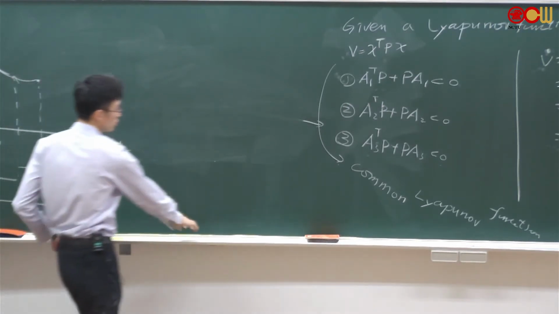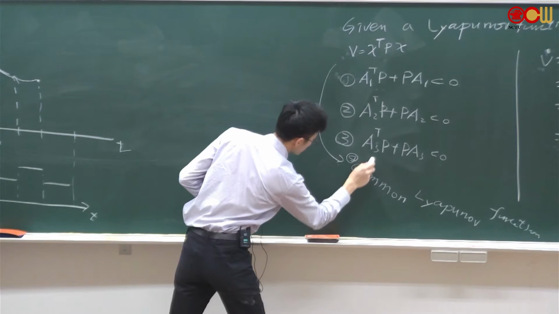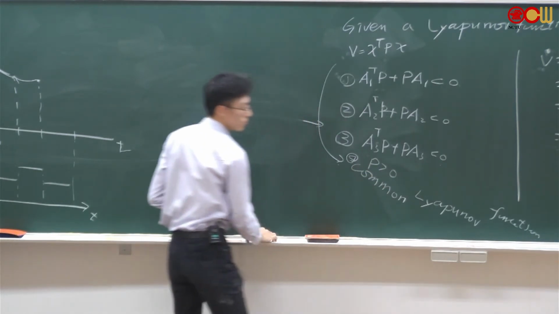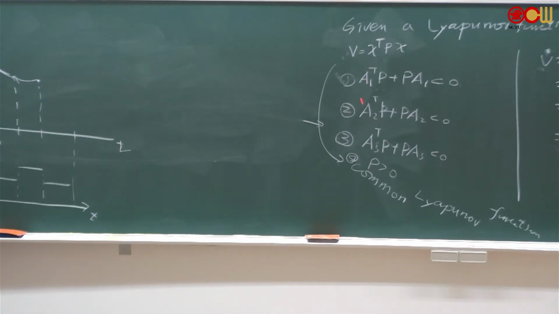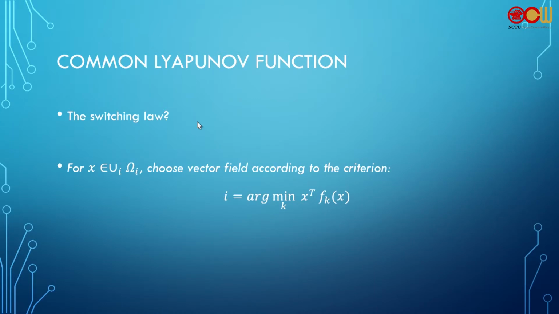Another condition you need to set is P greater than 0, P is PD in your MATLAB. Then you guarantee that P is positive definite and it's a common Lyapunov function. And if you can decide which system to switch, you can choose the best one, according to the least law.